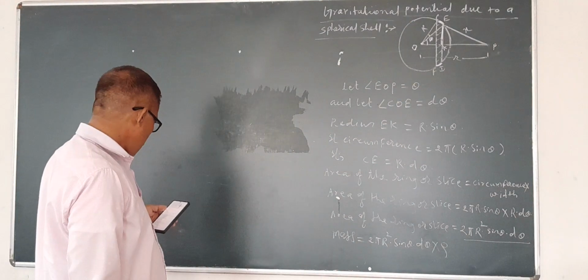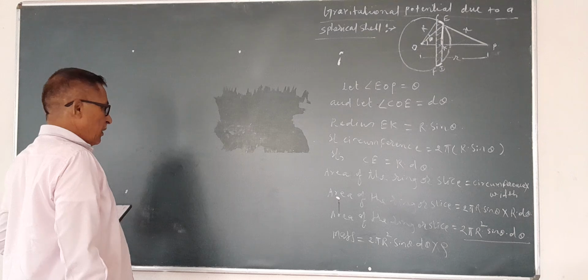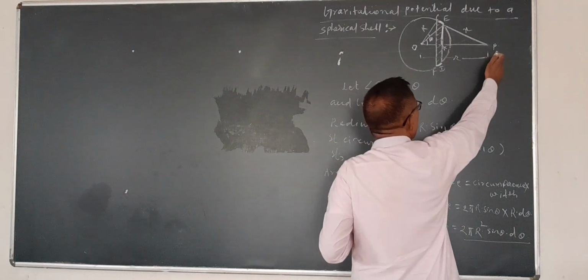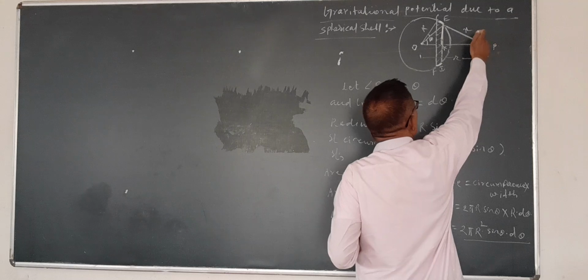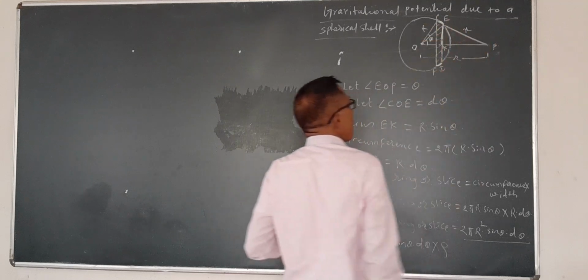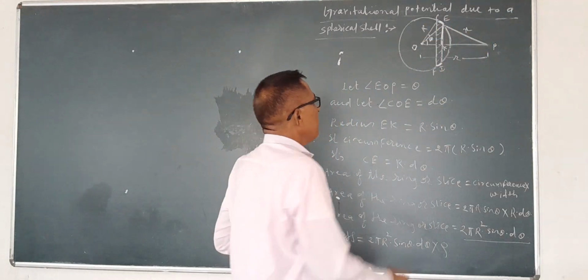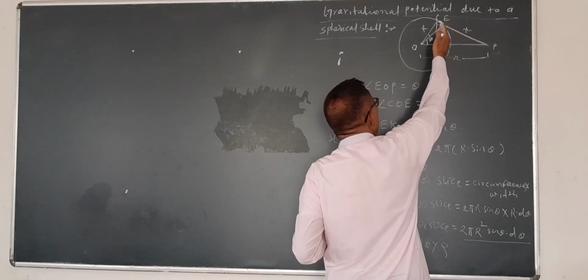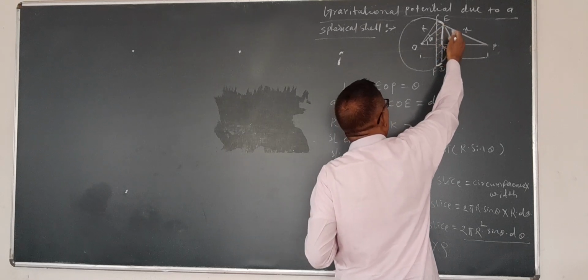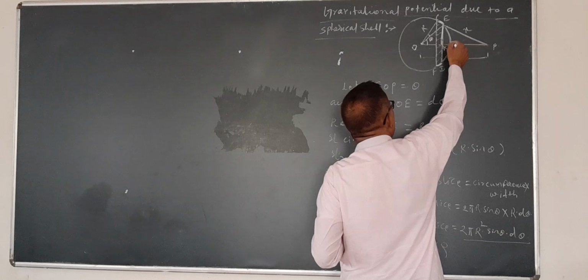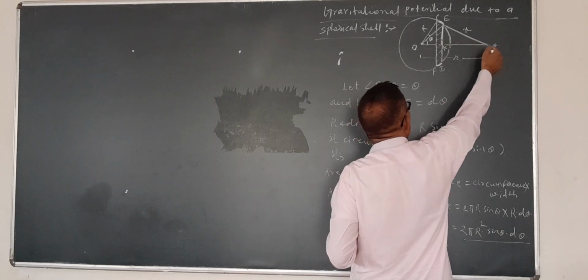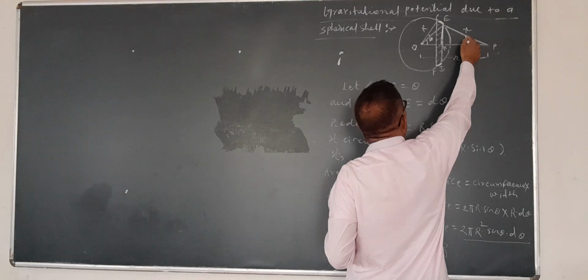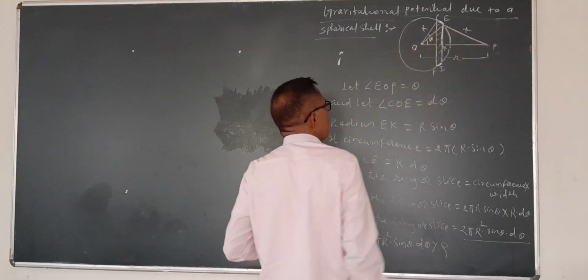Now, if EP equals x, this point P is at a distance x from this slice. We can cut a number of slices like this, and for the last slice, the distance is approximately x equals r.